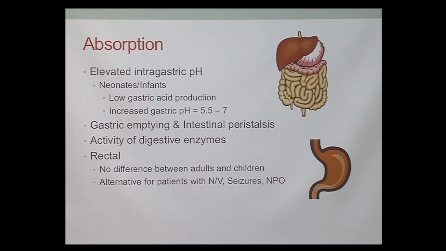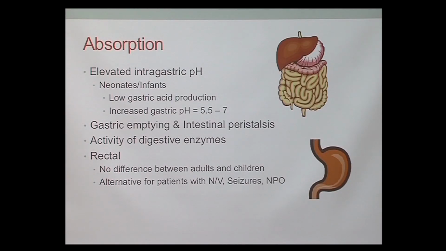What that will cause is you'll be able to absorb weak bases much more, and weak acids, things like amoxicillin or ampicillin, would be absorbed much worse. However, the key is in this age group, you don't give a lot of little babies a lot of oral medicines. So that's one advantage for them.